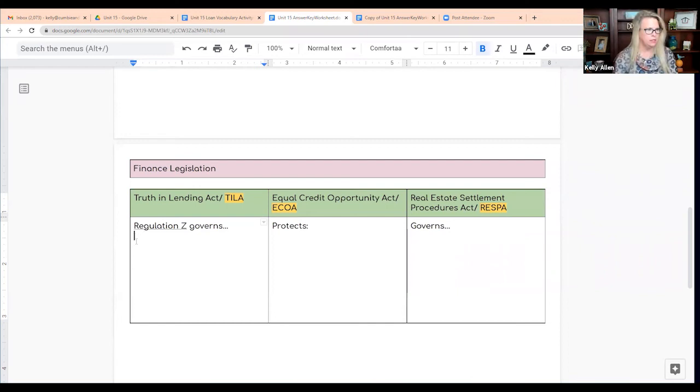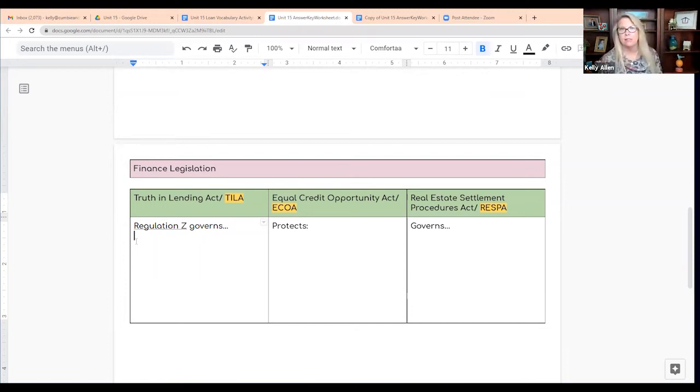Important note, pursuant to the Dodd-Frank Act, the Consumer Financial Protection Bureau, CFPB, was assigned the consumer protection responsibilities of 7 different federal agencies.